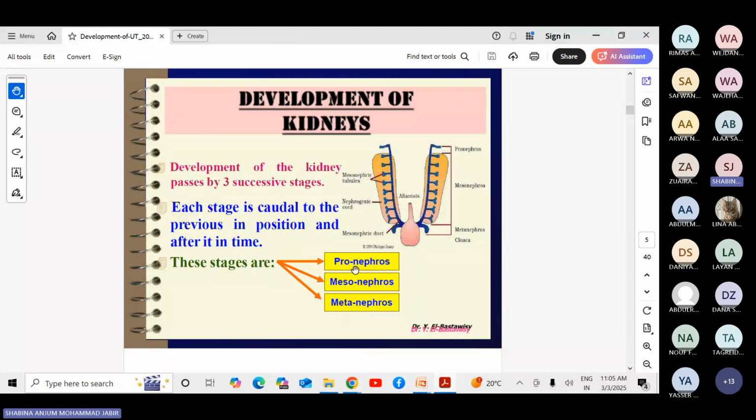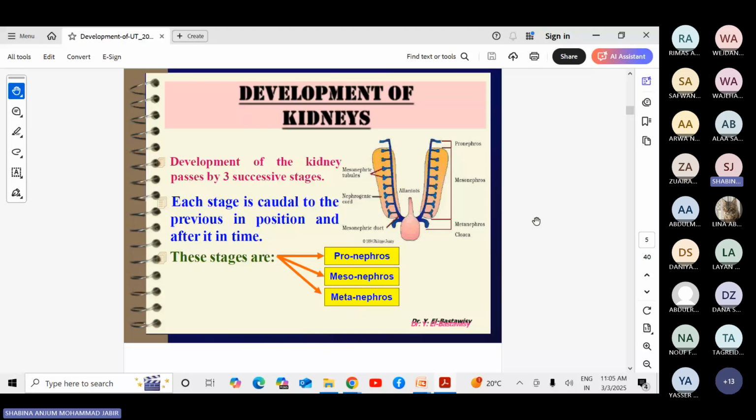Pronephros and mesonephros are present in the lower animals. And when you see, these stages will be developing caudal to each other. The first one is a little upper, then lower, then the final stage of kidney in human beings.